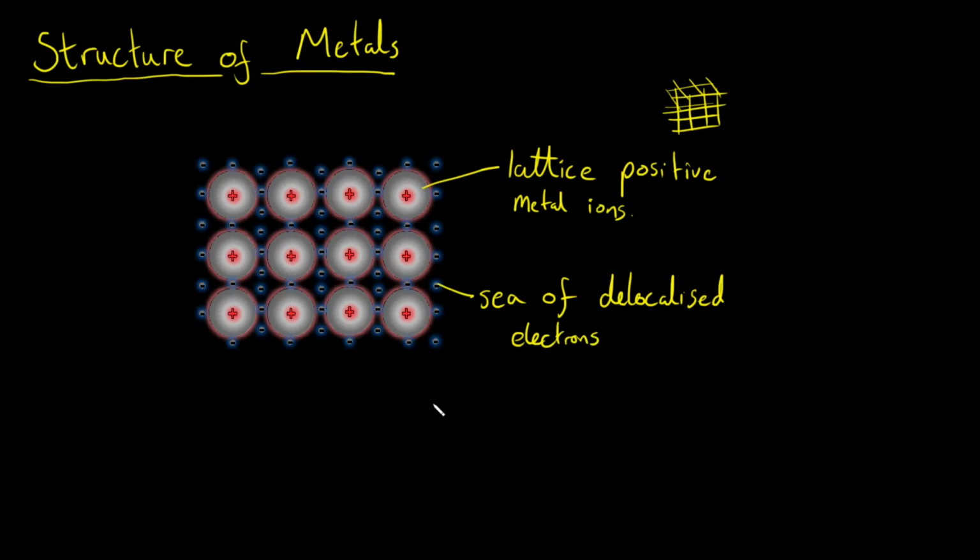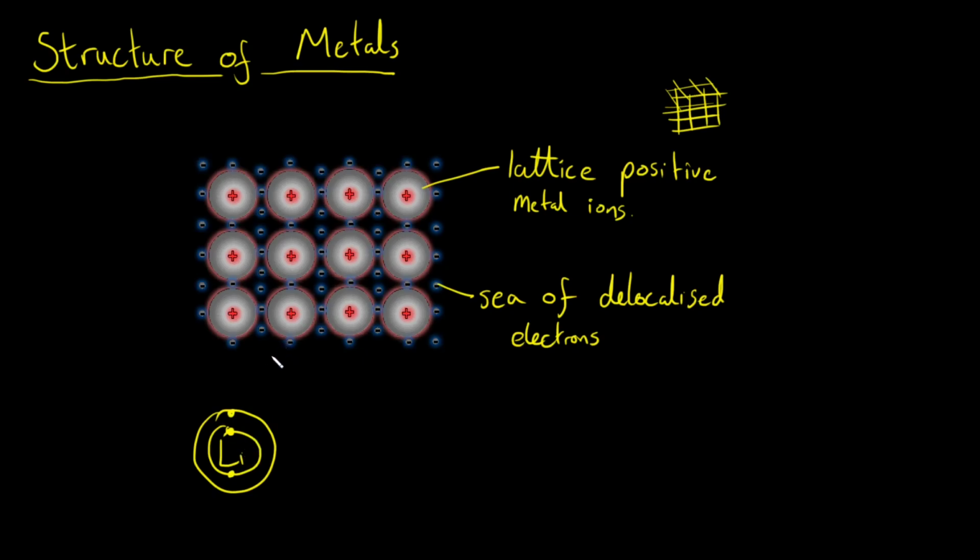Now, if another atom wanted to join this structure, it would have to lose its outer electron. So let's say I had a little lithium atom. Electron arrangement is 2, 1. There's its electron arrangement as just an atom.